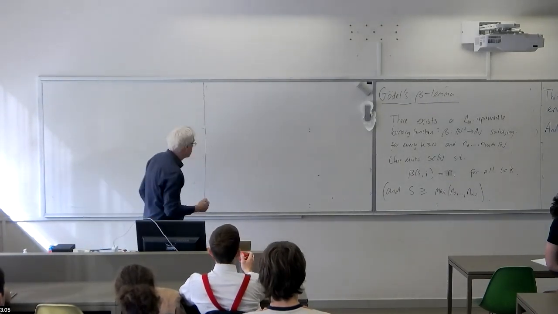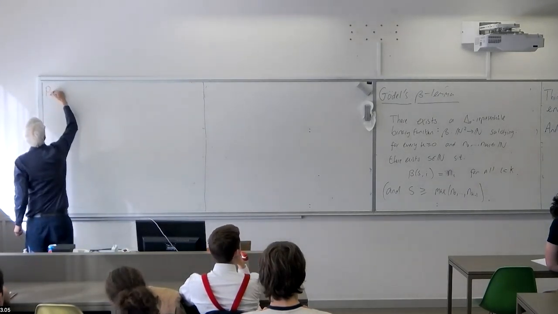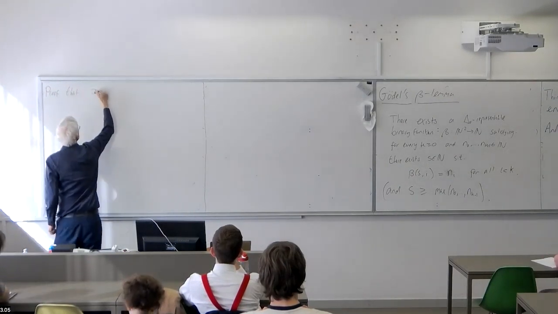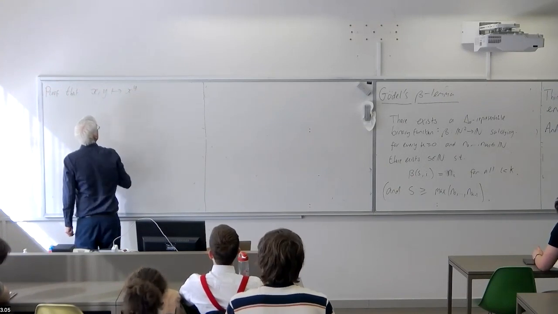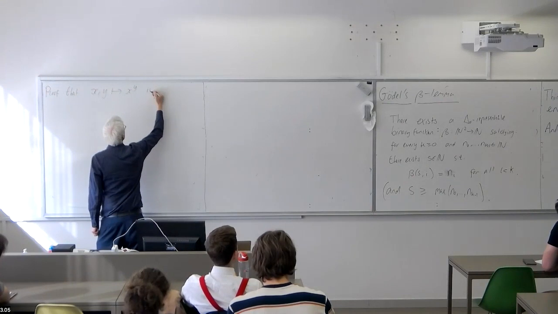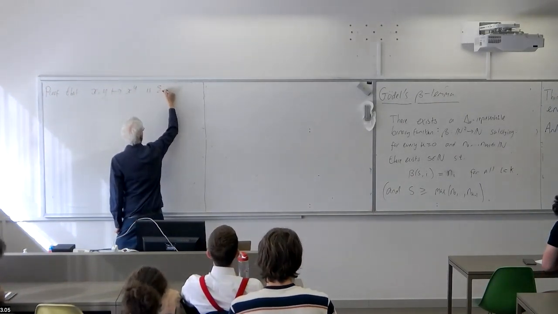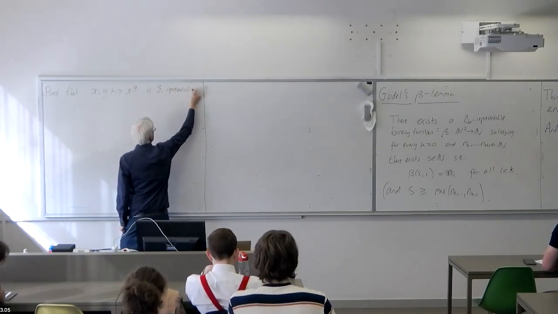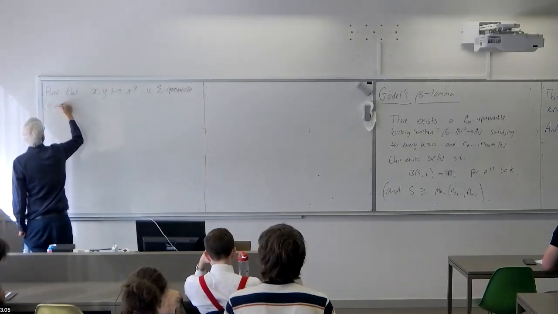Okay, so what we want to show is the proof that the function x, y maps to x to the power of y, the exponentiation function, is sigma 1 representable given the beta lemma.